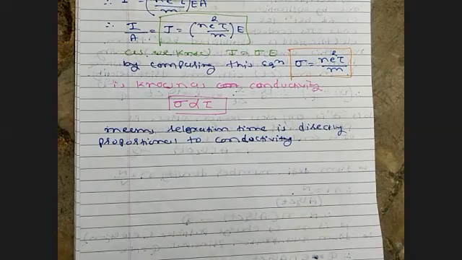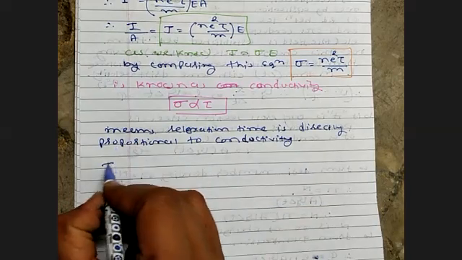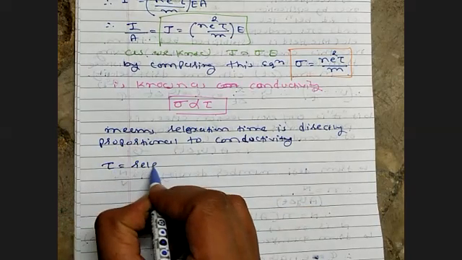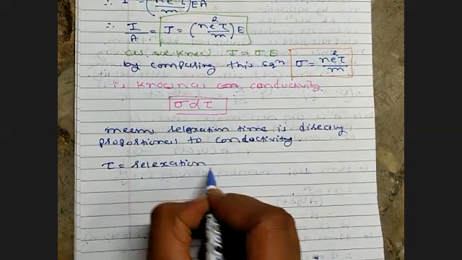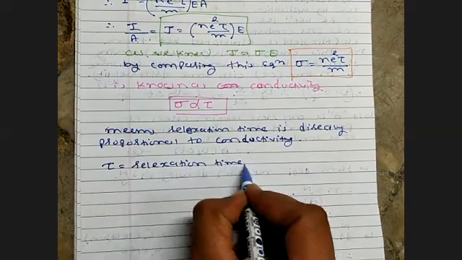Before that, understand what we mean by tau. Here tau is the relaxation time. What do you mean by relaxation time?